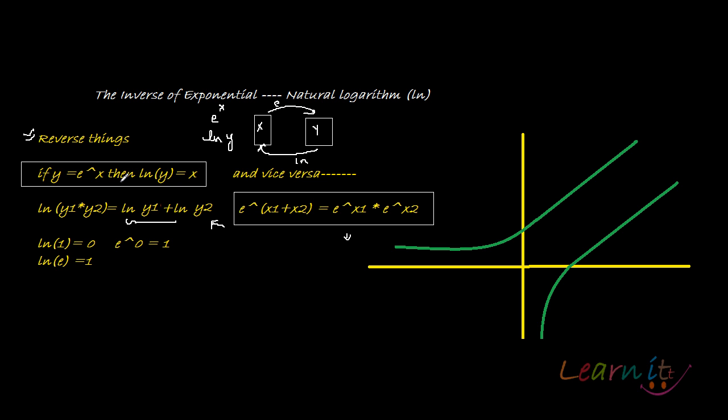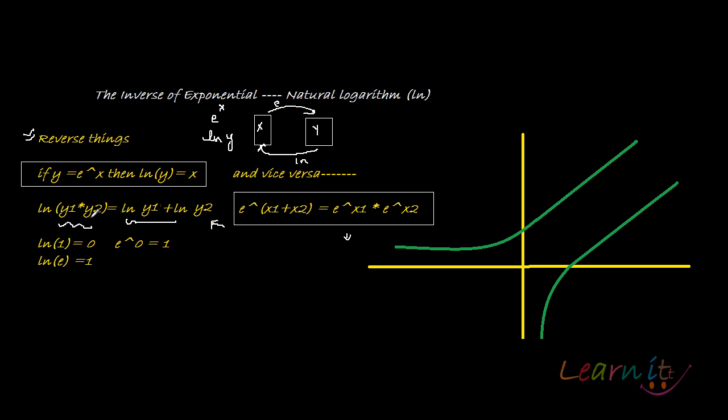Now, as we had certain important properties of e^x, we will also have certain properties of logarithm coming from there itself. So, we say that the log of a product of two numbers is actually equal to the sum of the two separate logarithms.